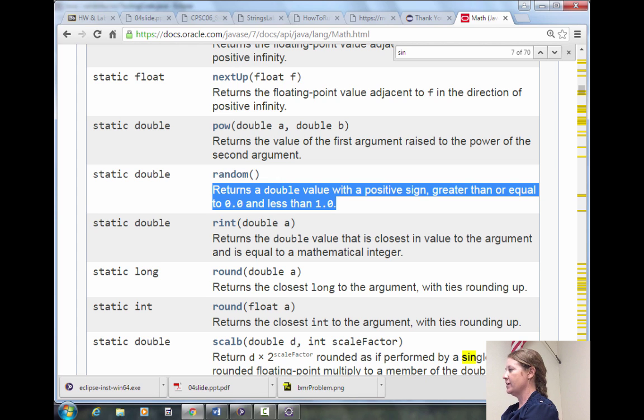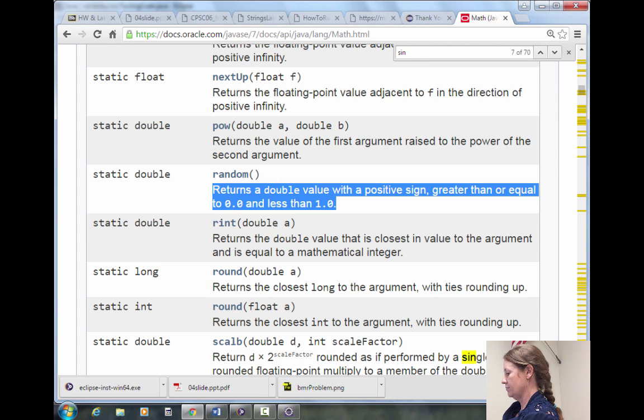Okay. Now, what if I wanted a number between 0 and 10? We could do some stuff like that, but a common thing to do is just manipulate this number in some way.